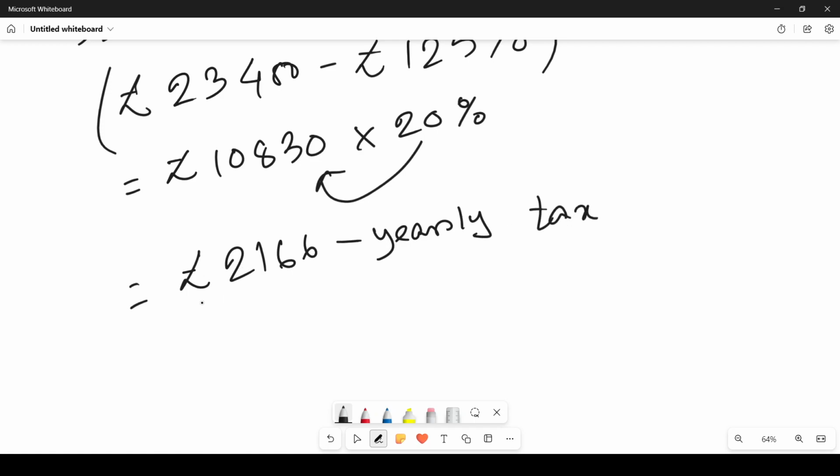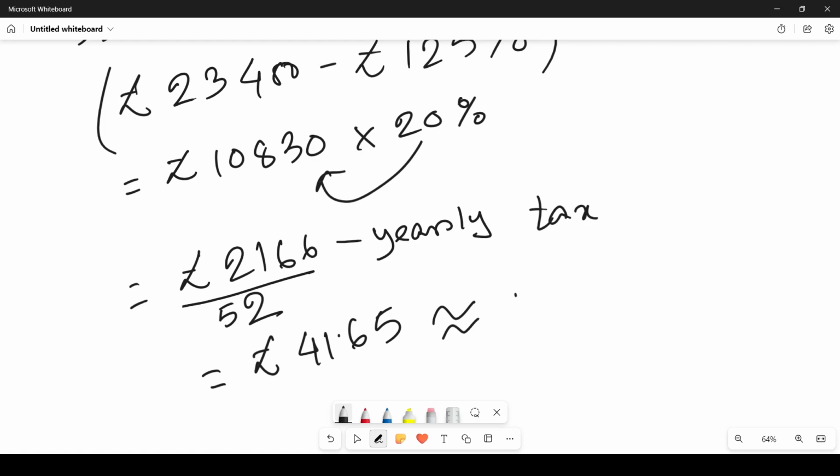So if you are getting paid weekly, then you need to get the weekly amount by dividing this value with 52. So if you divide this value with 52, you will get 41 pound and 65 pence. So you should be paying approximately this on your income as income tax.